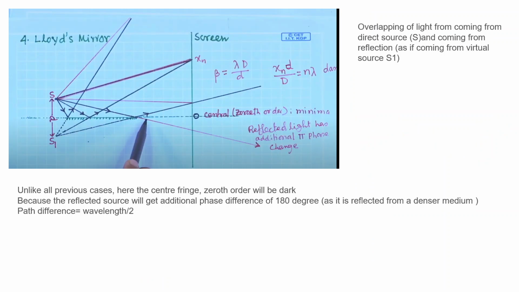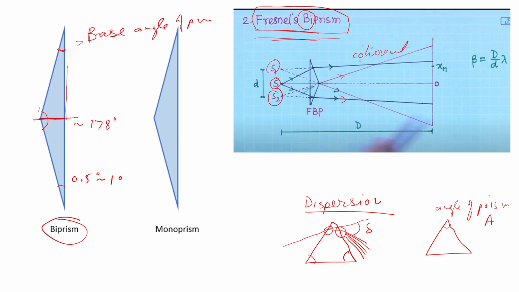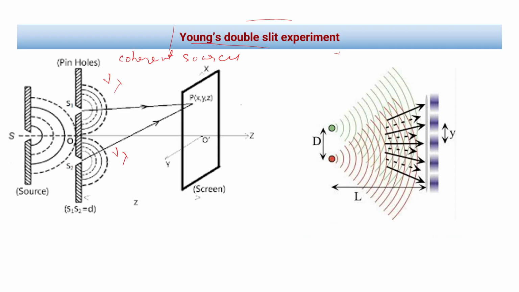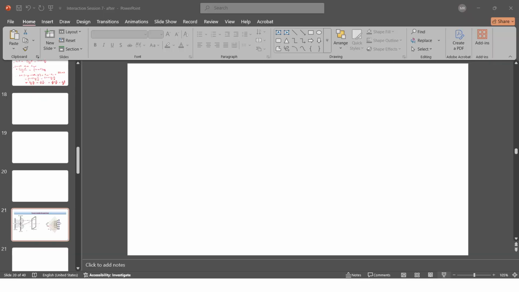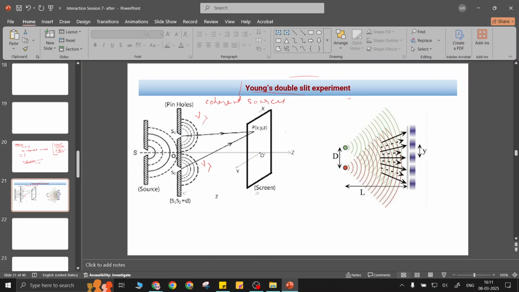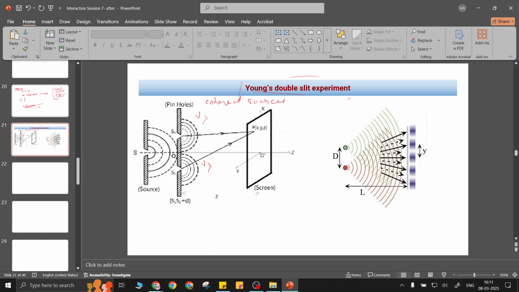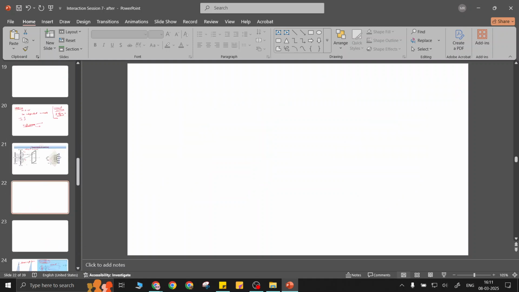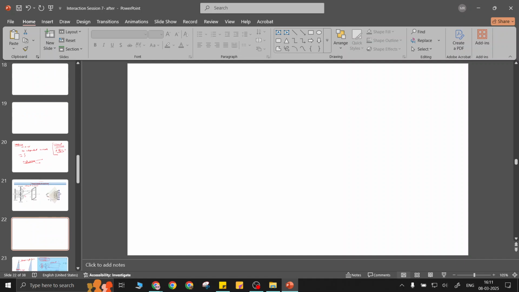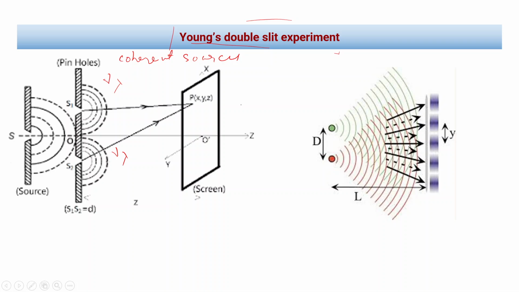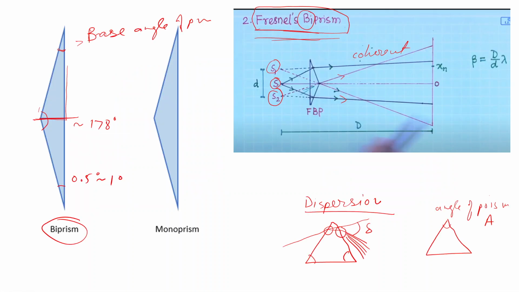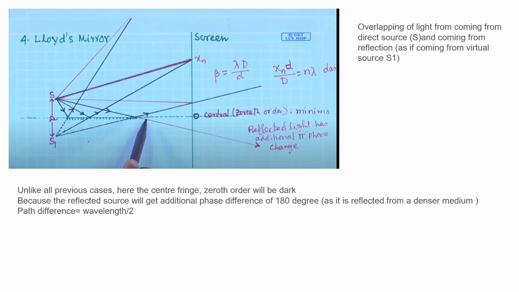After this, we have Lloyd's mirror as well. Till now, the cases we were discussing were Young's double slit experiment, Fresnel's biprism, and Fresnel's double mirror.